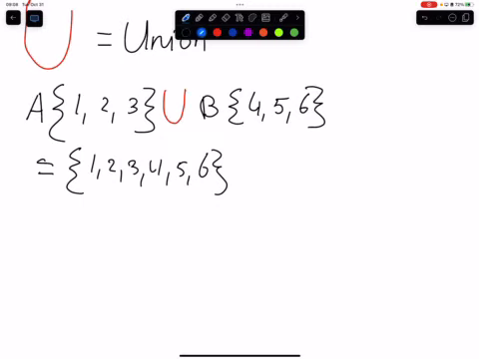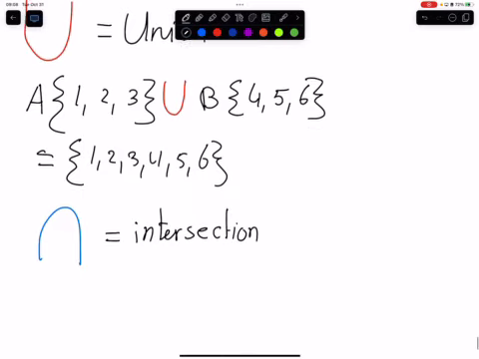The following symbol is called the intersection symbol. We take a set D, 1, 2, 3, 4.